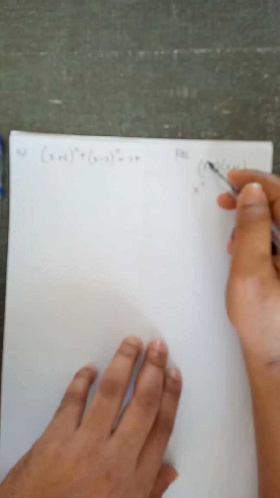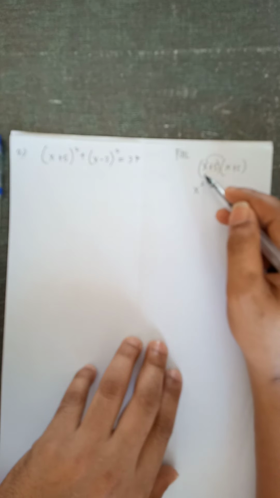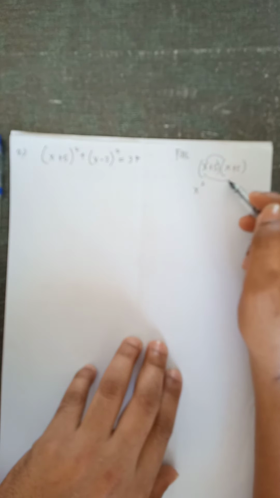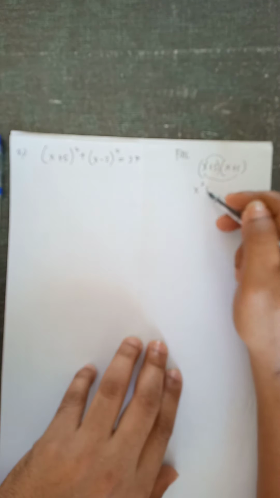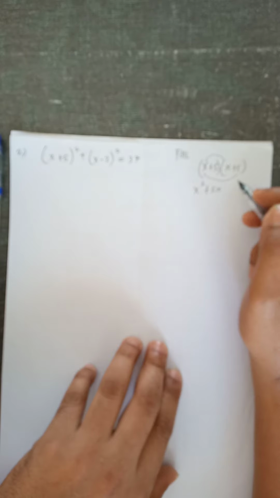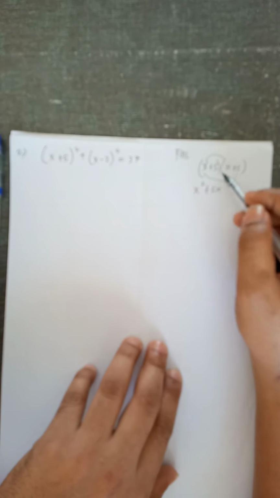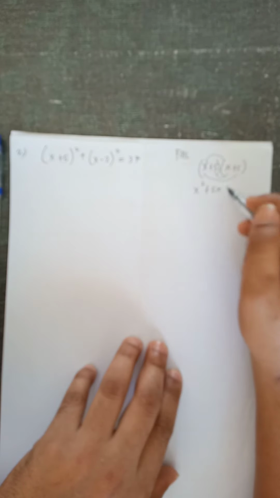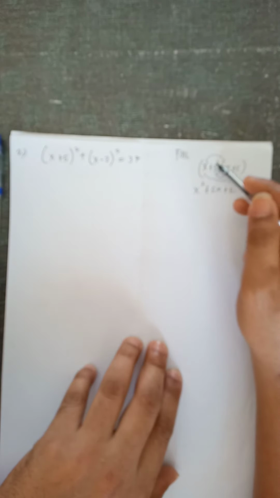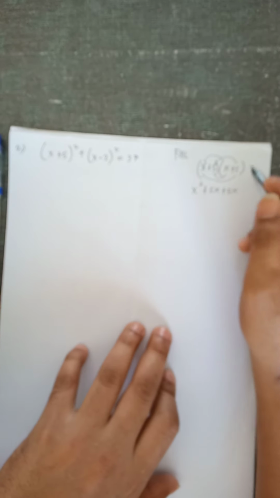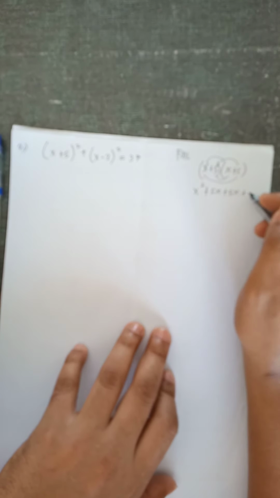The next is the outer terms, which are x and 5. So x times 5 equals 5x. I represents the inner terms. The inner terms are 5 and x. 5 times x equals 5x. And the last is the last terms, 5 and 5. So 5 times 5 is equal to 25.